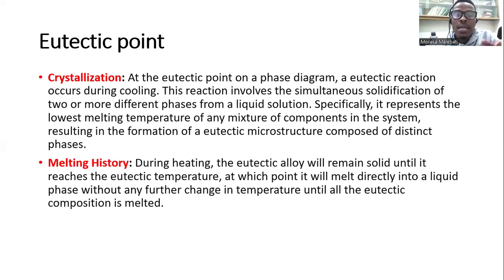So now it means we're going to have two or more solid phases that are now crystallizing simultaneously, at the same time, from that liquid. But I'm going to show you what we mean. Specifically, it represents the lowest melting temperature of any mixture of components in the system, resulting in the formation of a eutectic microstructure composed of distinct phases.